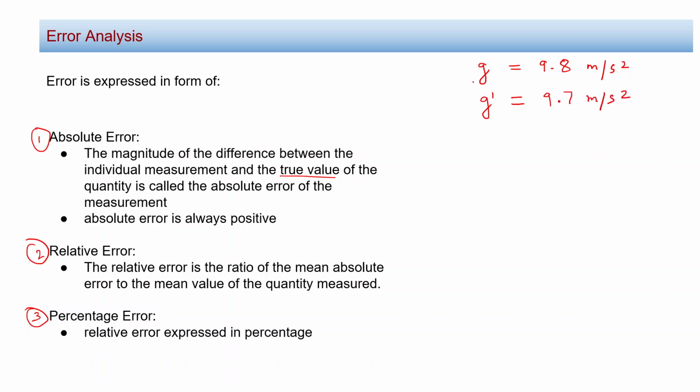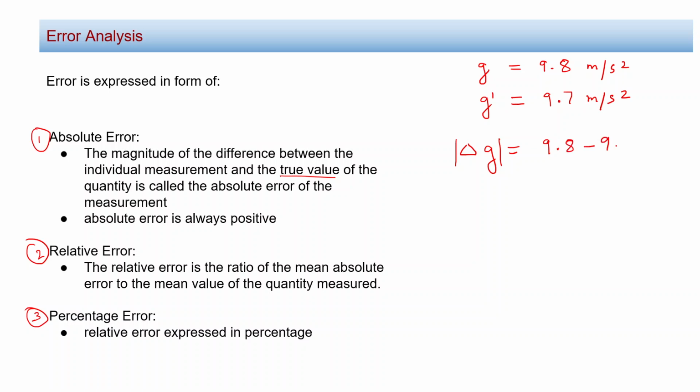To find the absolute error in this measurement, we subtract this measured value from the true value, or vice versa, it doesn't matter, because we take the mod of this difference. So either you can do g minus g prime or g prime minus g.